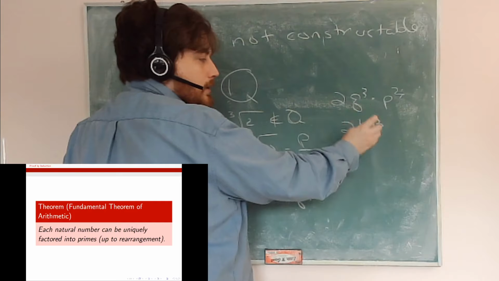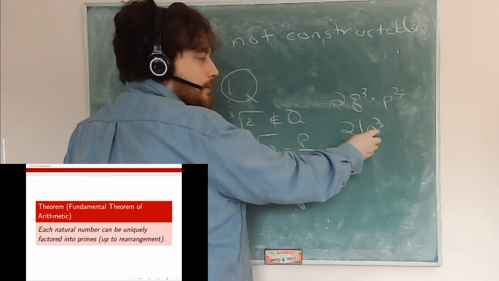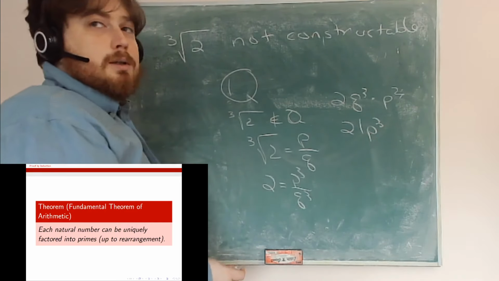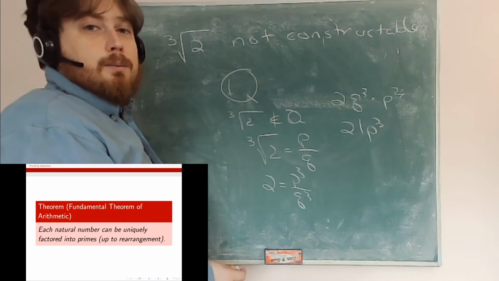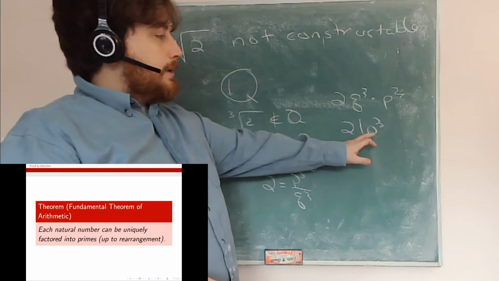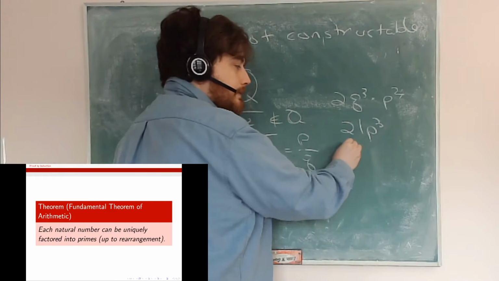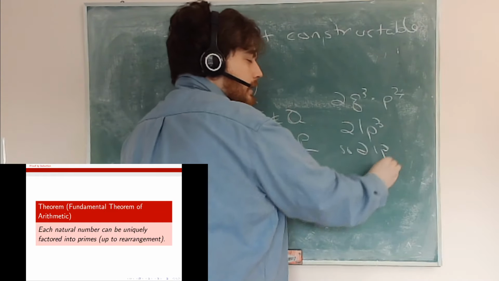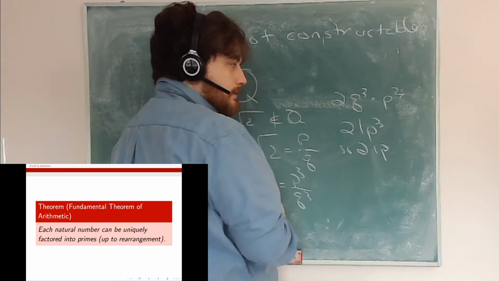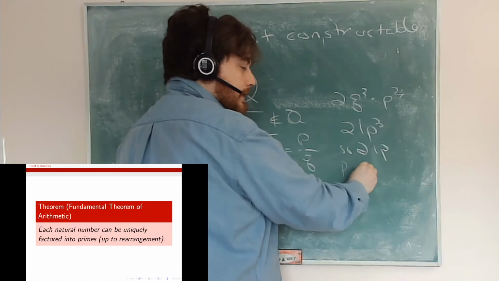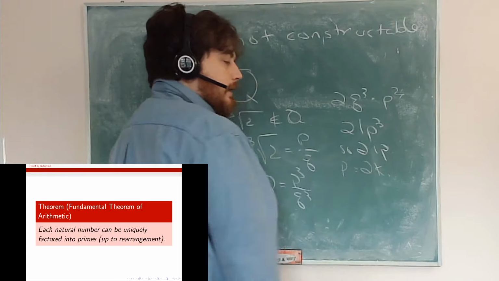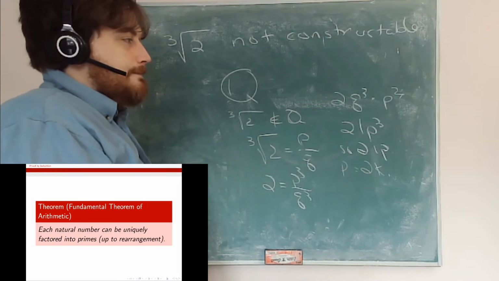But we know that 2 is prime, so if it divides a product of terms, it has to divide one of the terms, but all the terms here are p times p times p, so that means that 2 divides p. Hence, p is even. So p is equal to 2 times, let's say, k for some integer k.